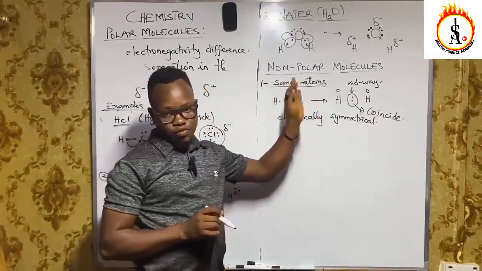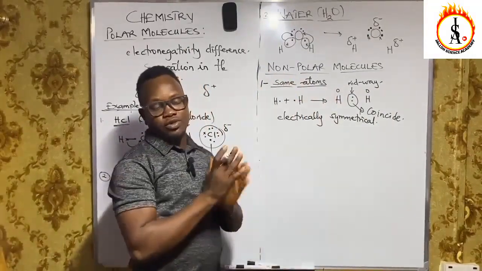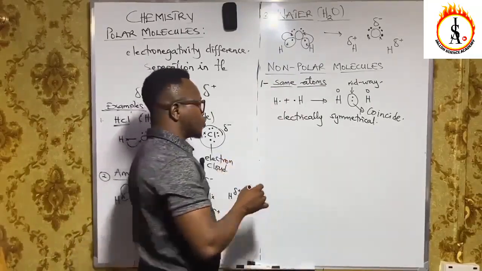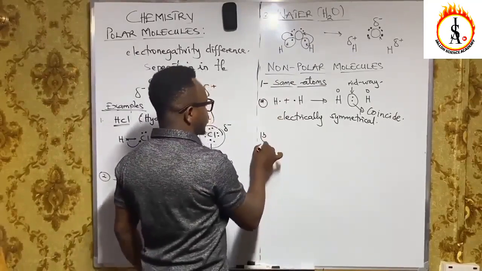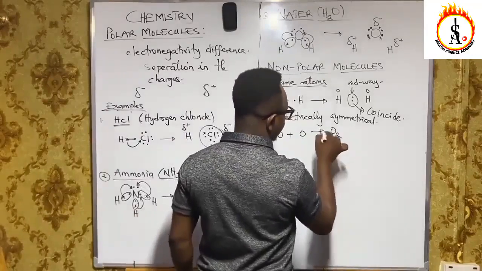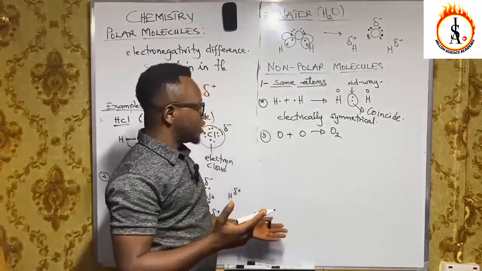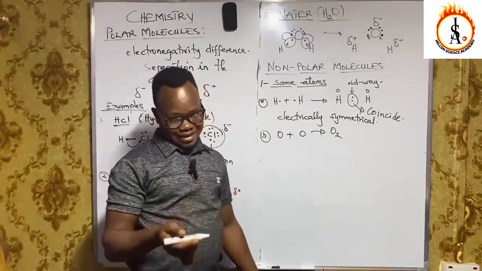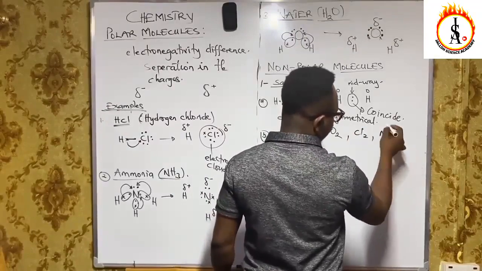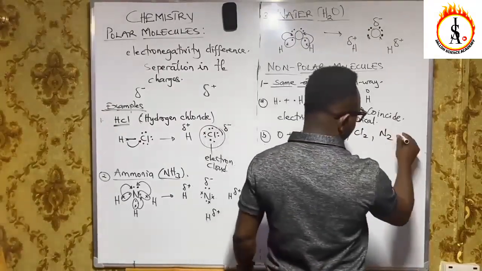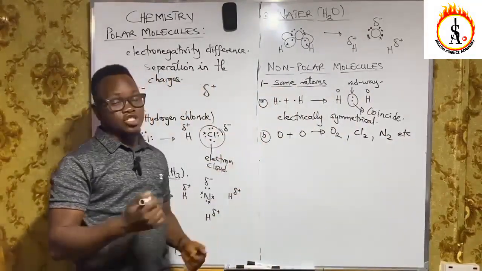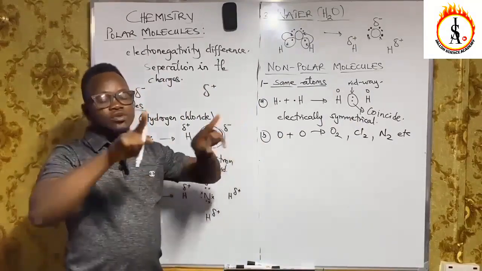So this is one way the species can be formed, between atoms of the same element. For example, between hydrogen and hydrogen, or between oxygen and oxygen in the formation of the oxygen molecule, especially when we look at species that are diatomic, for example the formation of chlorine, and the formation of nitrogen, etc. So this is one way through which non-polar molecules can be formed, because there is no separation of charge here.